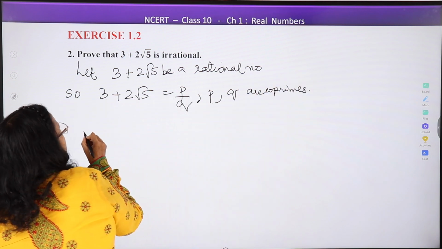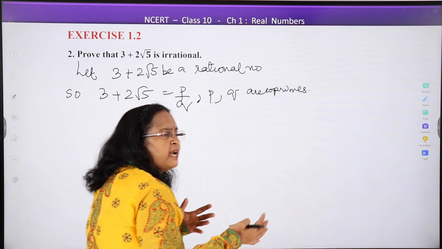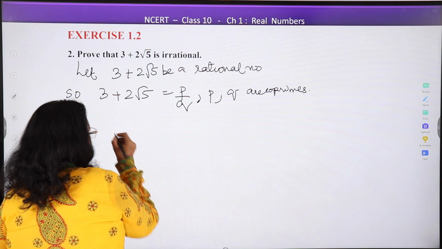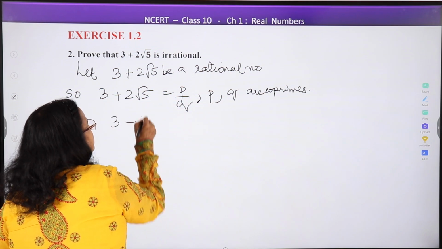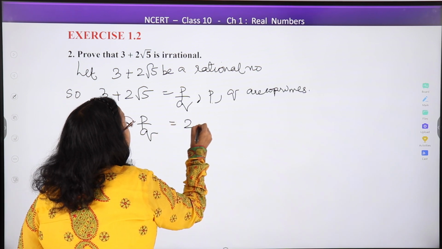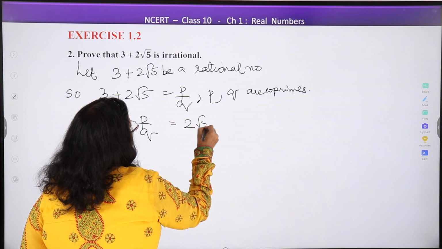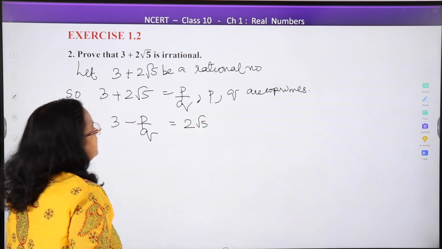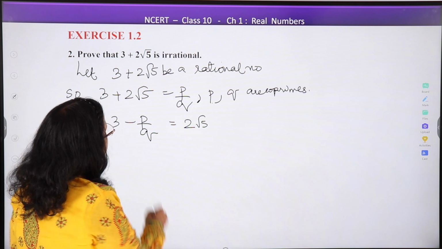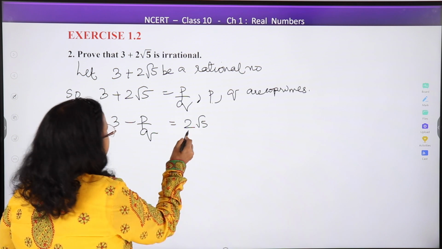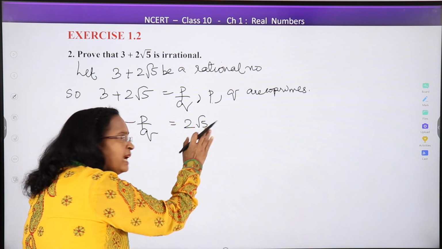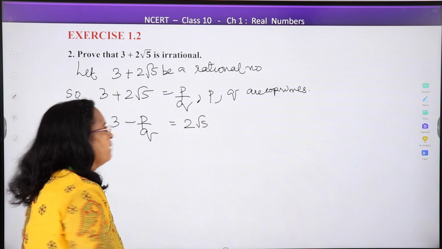Now I bring the rational numbers to one side and irrational numbers to the other side. Now 3 minus p by q is equal to 2 root 5. Now I can't keep 2 with root 5. I want only irrational numbers on one side.